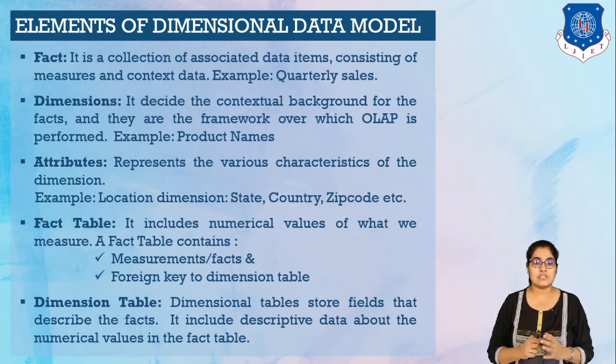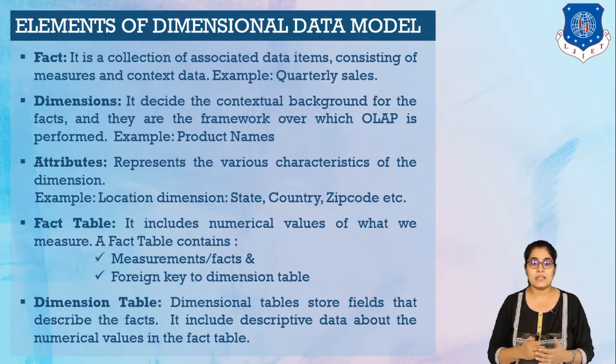Last is the dimension table. A dimension table stores fields that describe the facts. It includes descriptive data about the numerical values in the fact table. A dimension table contains dimensions of a fact. They are joined to the fact table via a foreign key. Dimension tables are denormalized tables.